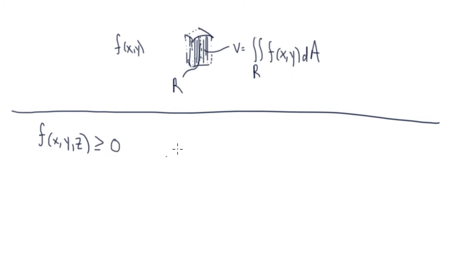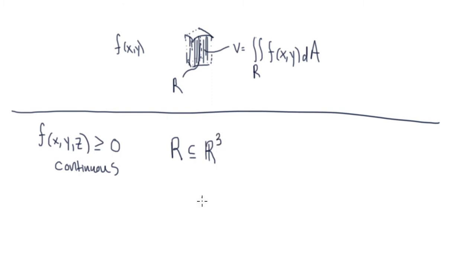And what we can do is, first of all, say that this function is continuous on a closed and bounded region R, but this closed and bounded region is going to be some subset of three-dimensional space.